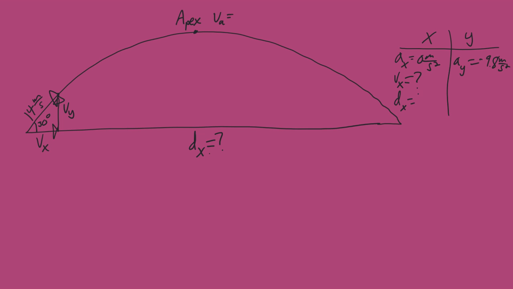Obviously, we don't know the horizontal distance. We don't know the distance to the apex, that's unknown as well. And our velocity initial in the y direction is also unknown. So we have a lot of things that we're not aware of, but we can solve for them using first sine, cosine, and tangent, and then some kinematics.